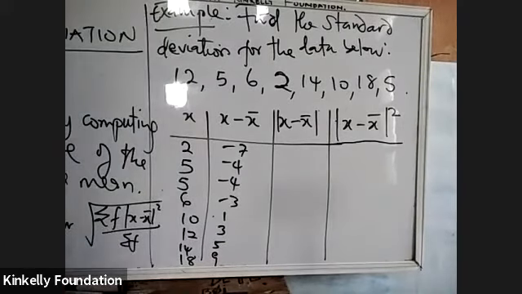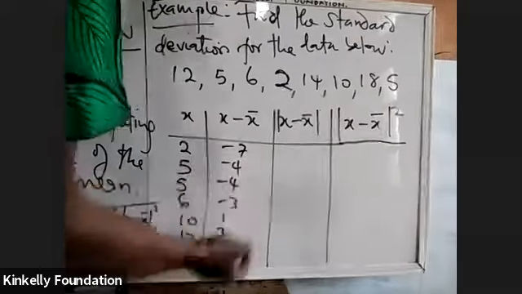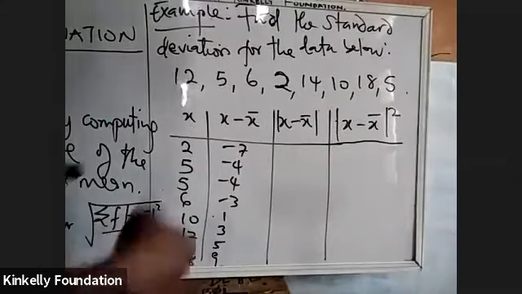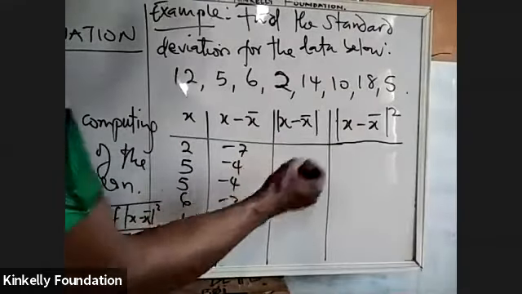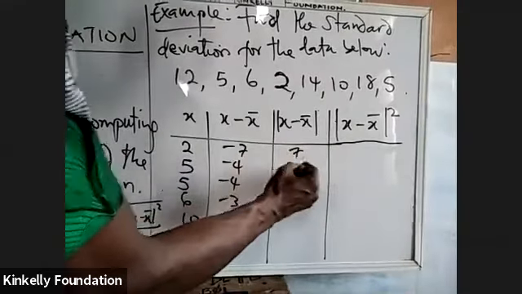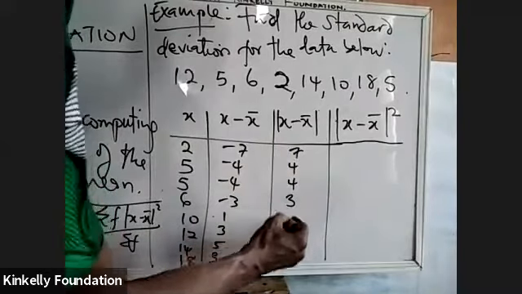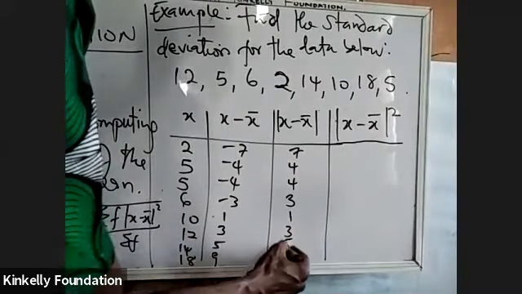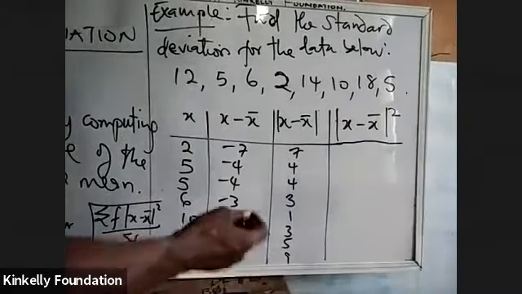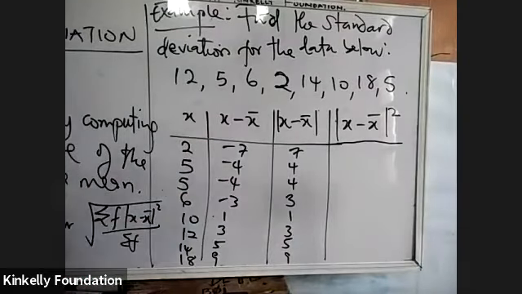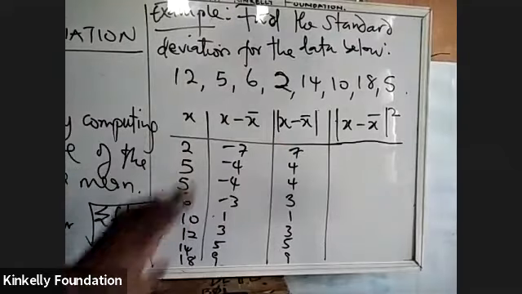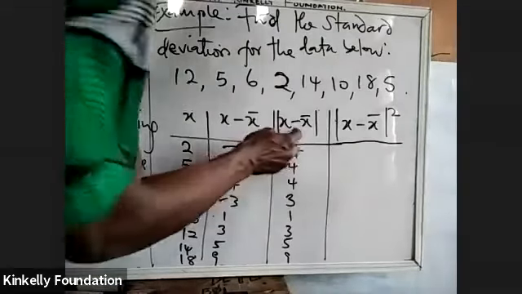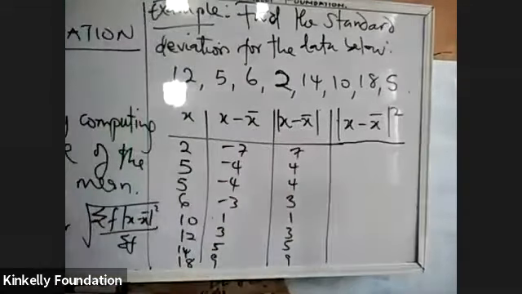Remember, when you sum the deviations, it must give you 0. The absolute deviations here are 7, 4, 4, 3, 1, 3, 5, and 9. You can easily get the mean deviation when you sum these and divide by the number of items. Do you get it? That is the mean deviation.